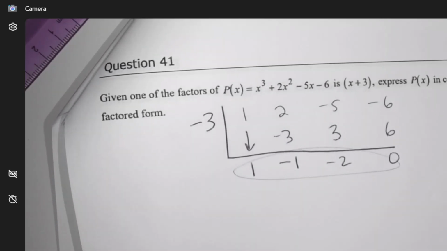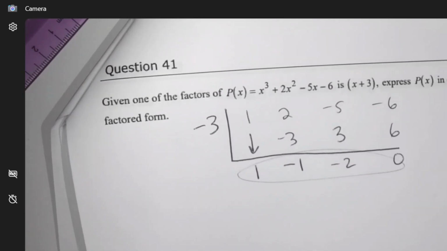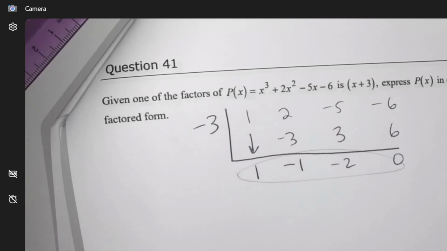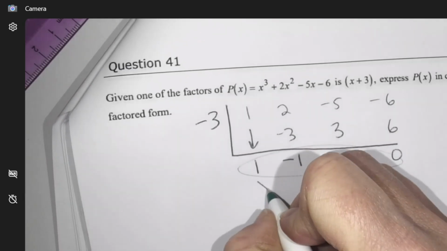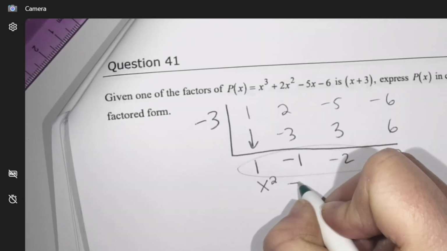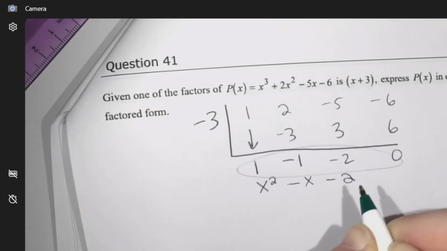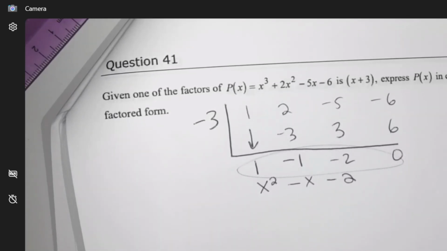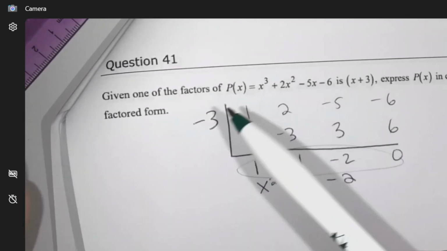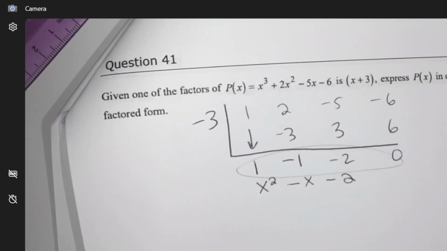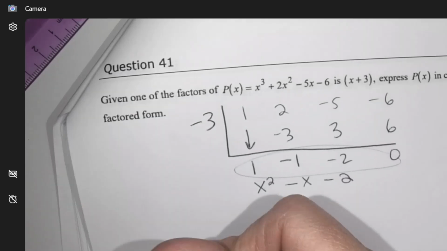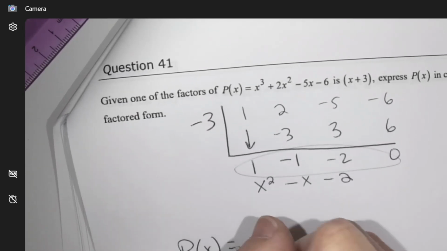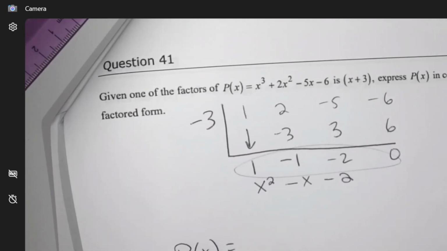Okay, so what is this as a polynomial? Now all those numbers mean what? 1 x squared minus x minus 2, right? That's how you go about that. x cubed divided by an x is an x squared. Okay, so you have to write this in completely factored form. Please don't forget important things like p of x equals.